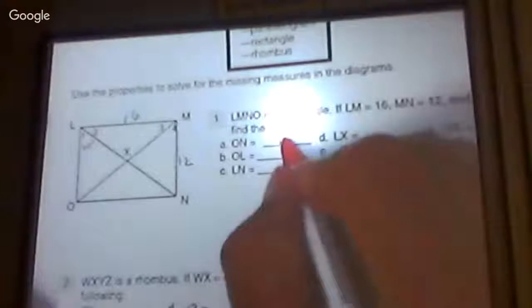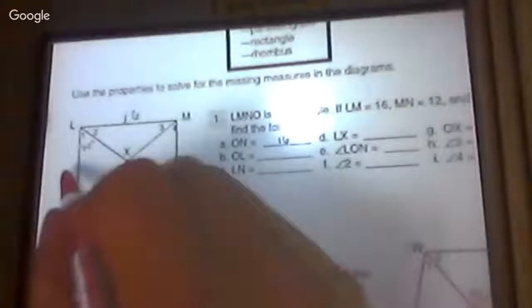A great suggestion here is to label all your angles. ON is 16. All right, so you said ON is 16. And the opposite sides are congruent, so that would be 16. I'm just going to do a couple of these. OL is 12.